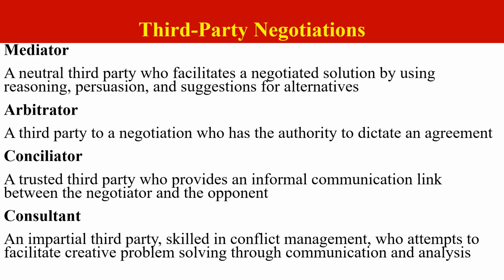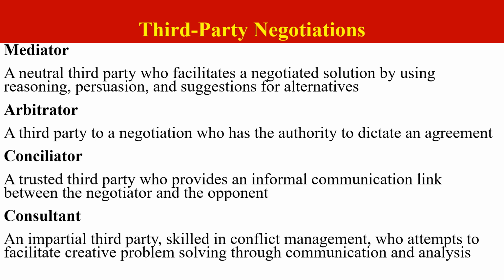Third party negotiations are carried out under various forms. First one is the mediator. He is a neutral third party who facilitates a negotiated solution by using reasoning, persuasion, and suggestions for alternatives. Arbitrator is a third party to a negotiation who has the authority to dictate an agreement.